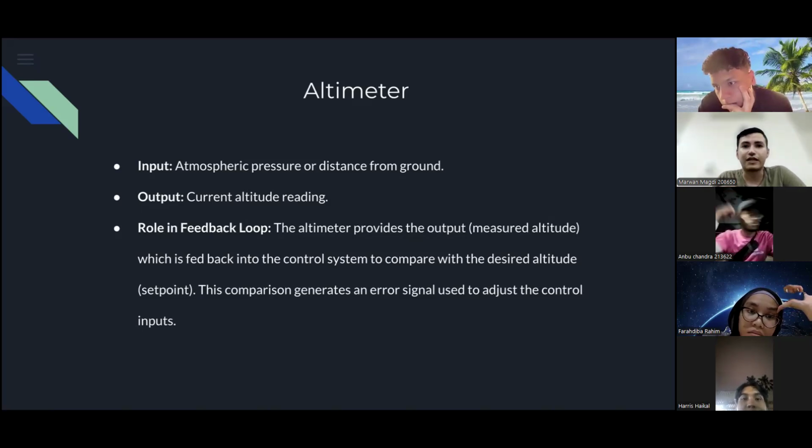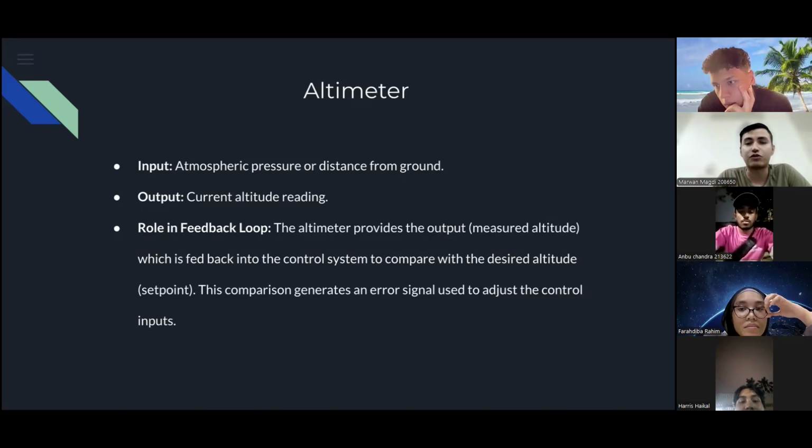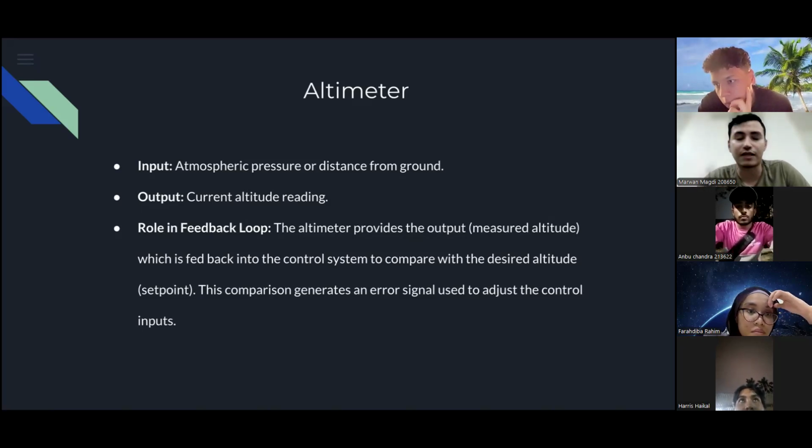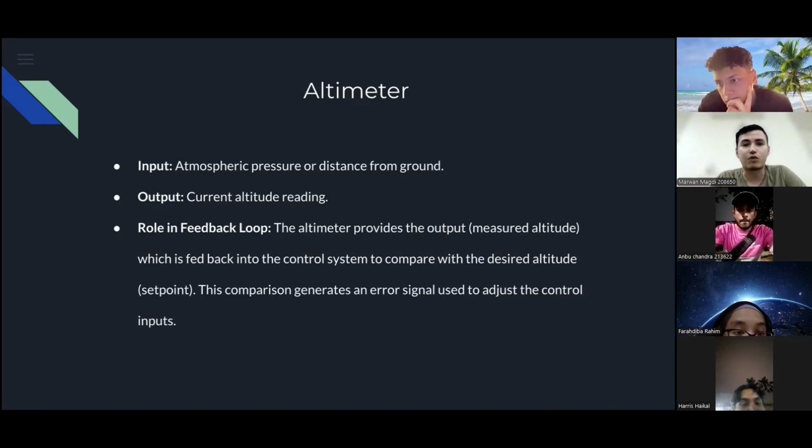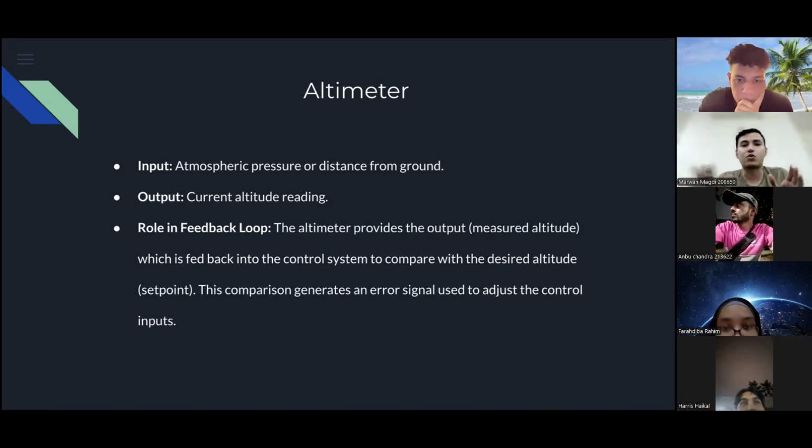It enables it to compare the current altitude with the desired point. This comparison generates an error signal used to adjust the control inputs so you can maintain the aircraft's altitude in a more accurate way.